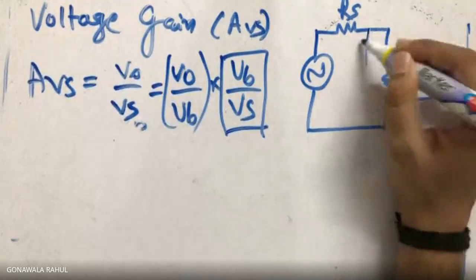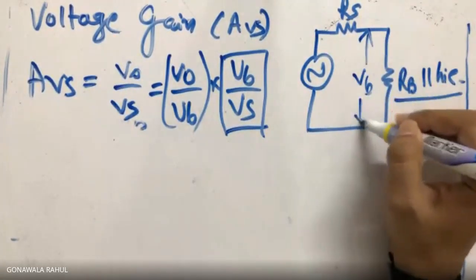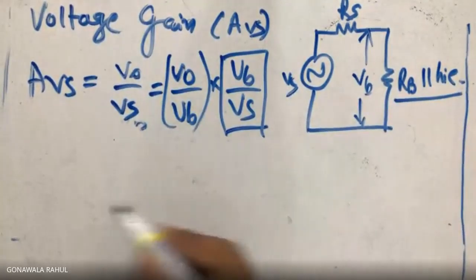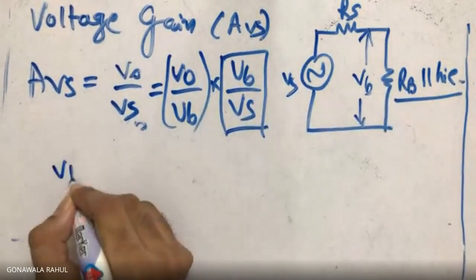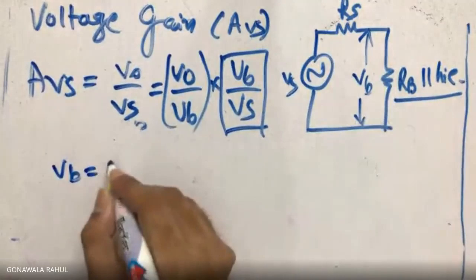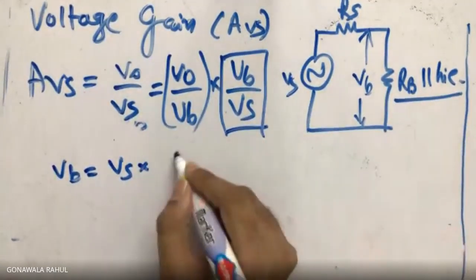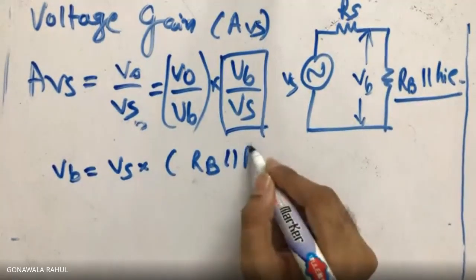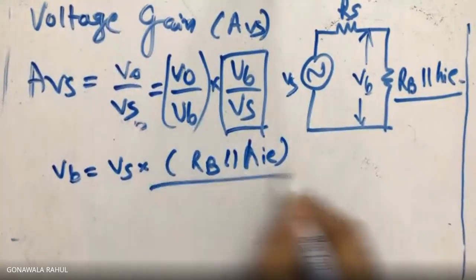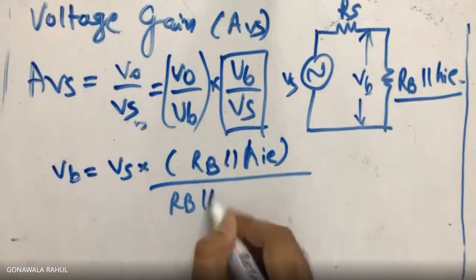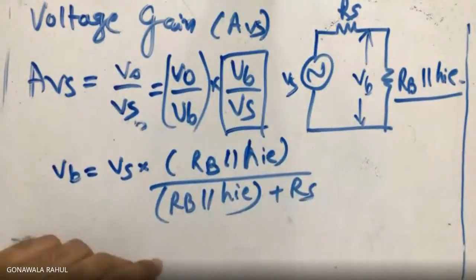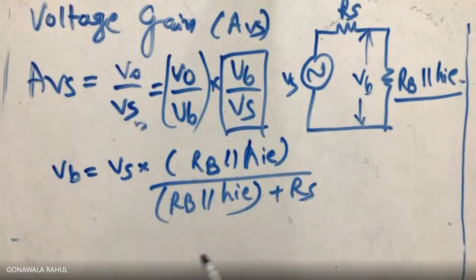Good. Here we had Vb and here we have Vs. So Vb is equal to Vs into the same branch voltage, that is Rb parallel hie upon Rb parallel hie plus Rs.